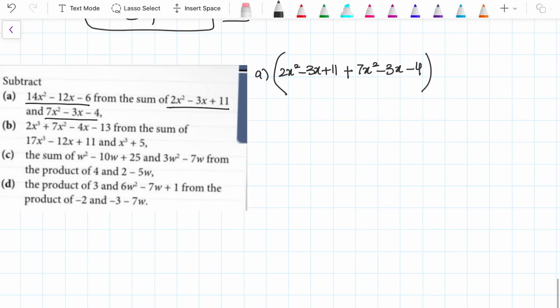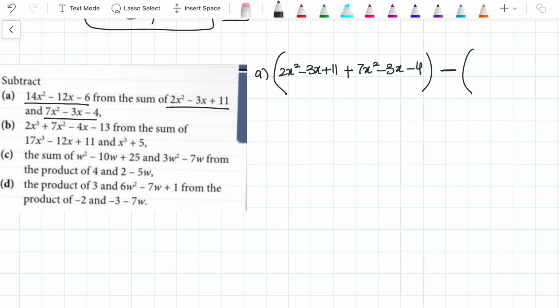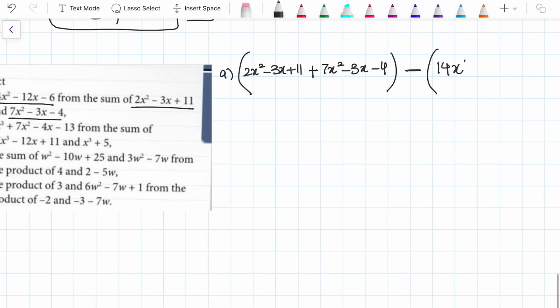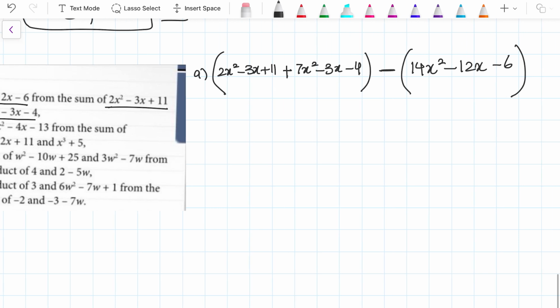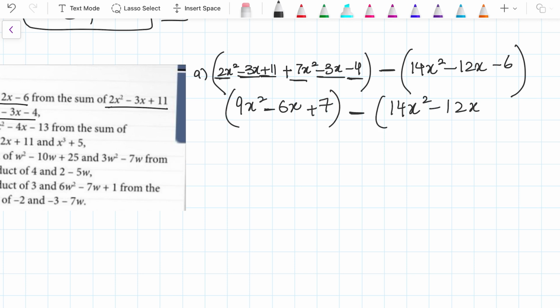Whenever there's a minus sign, you always put that expression in a bracket. Now let's solve it. 2 plus 7 is 9x squared. Minus 3 is minus 6x. 11 minus 4 is 7. 14x squared minus 12x minus 6.